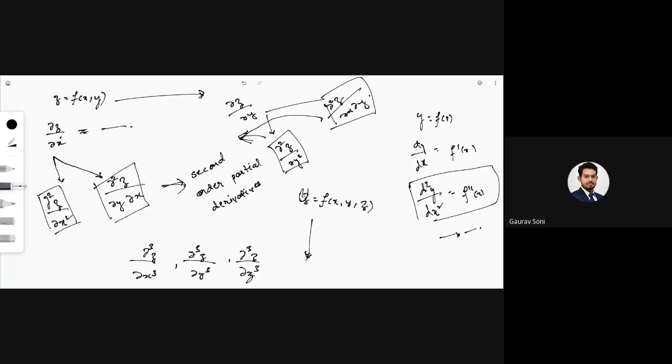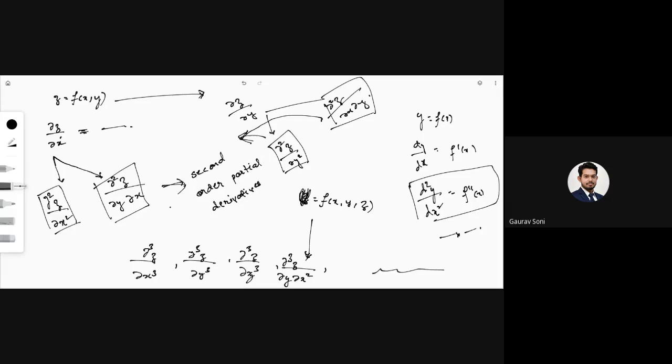Oh, sorry, I have made the wrong notation. u is equal to f of x, y, z. Now, del cube u, two derivatives with respect to x, one derivative with respect to y, and this kind of different possibilities are going to be there.